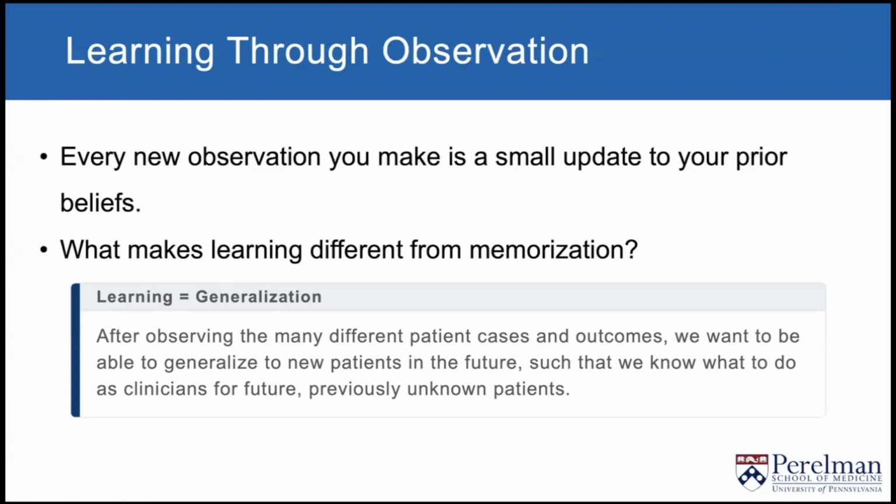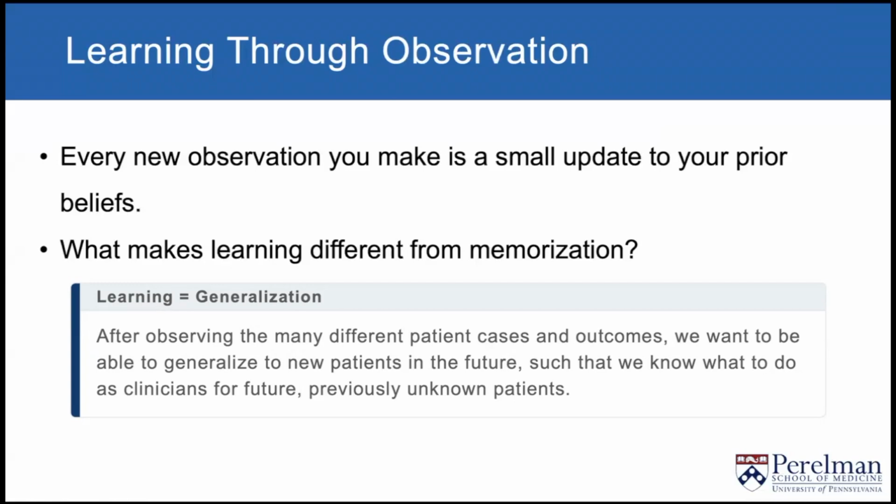So after observing many different data sets or patient outcomes or glucose measurements or whatever, the hope is that eventually you'll see something entirely new, a patient that you've never seen before, a data point that you've never seen before, and you're able to generalize so that your algorithm still works pretty well on these new patients, these new data sets, and you know what to do in the future with it, right?